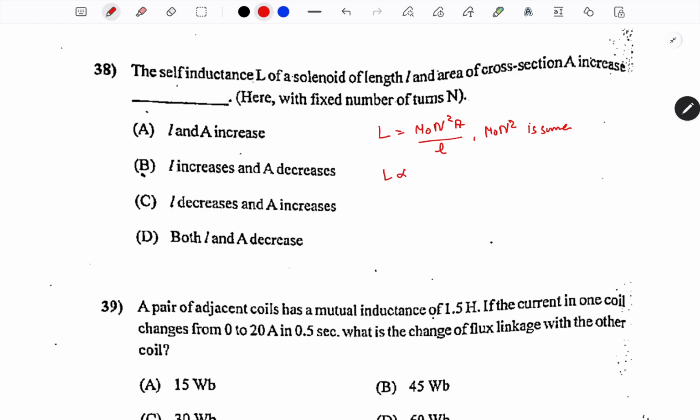So L is directly proportional to A, and L is inversely proportional to 1 by L. Therefore the area increases and L decreases. So option C, L decreases with increase in A. Okay.